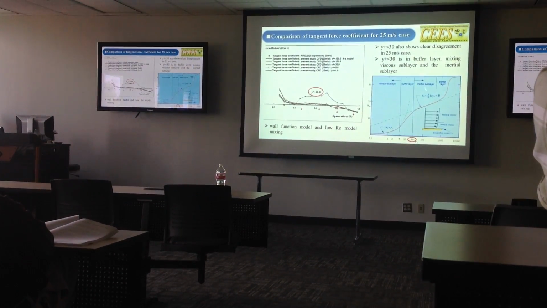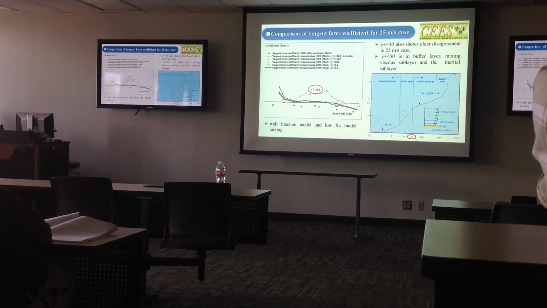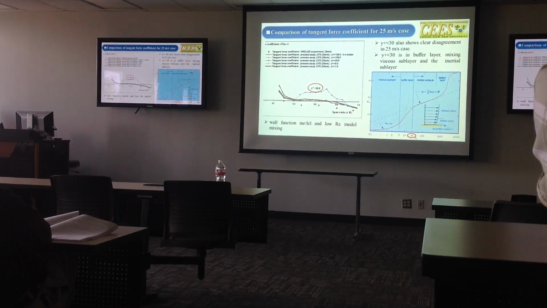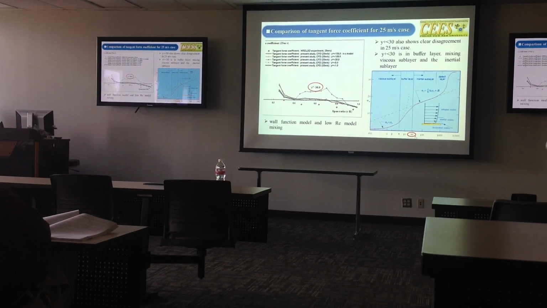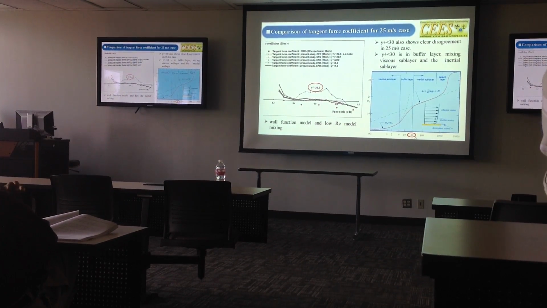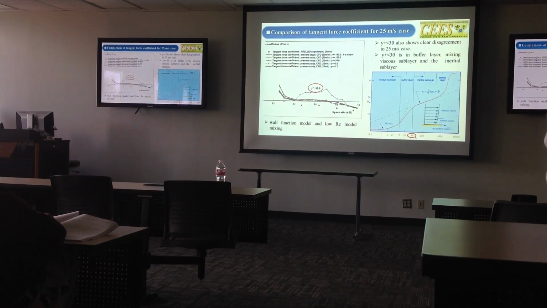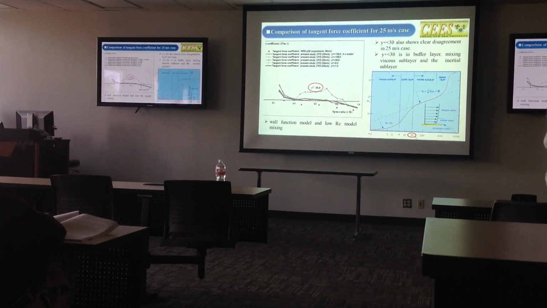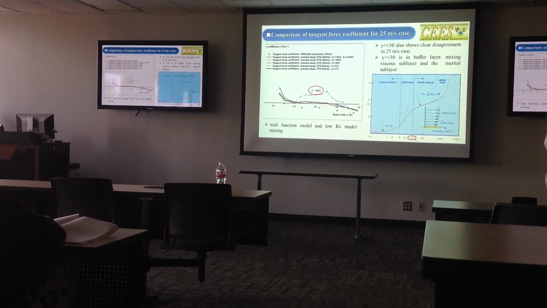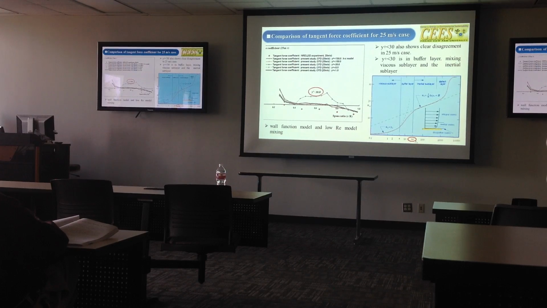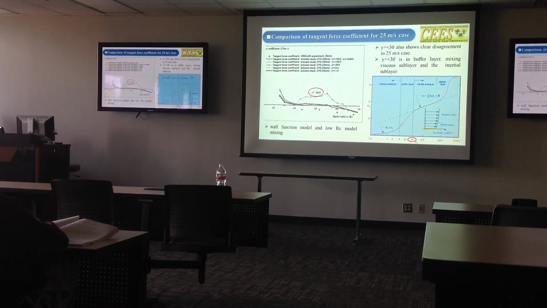For these two different layers, people use different solving models: the wall function model and the low Reynolds number model. So in the buffer layer, these two models are combined. During this combining process, some mistakes or unsteady results can come, so many researchers say that this may cause the error in this prediction.